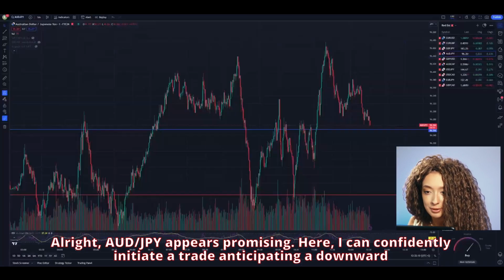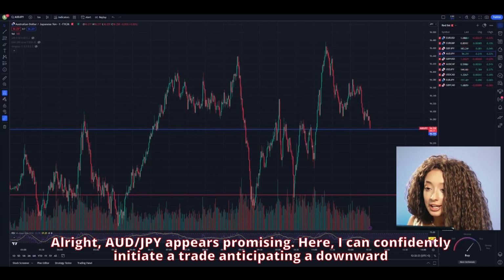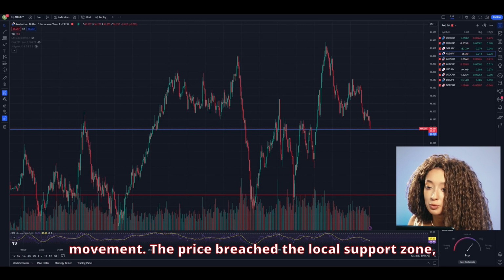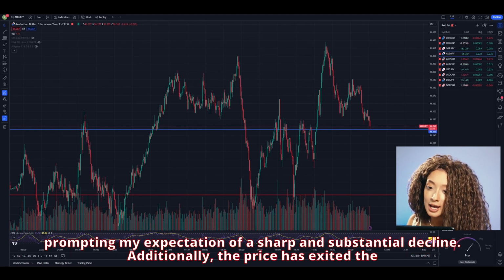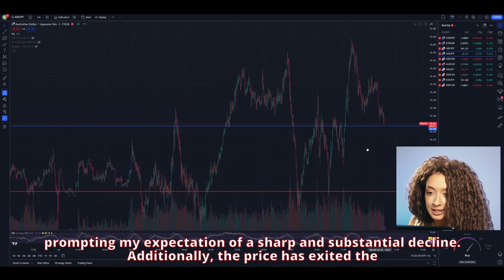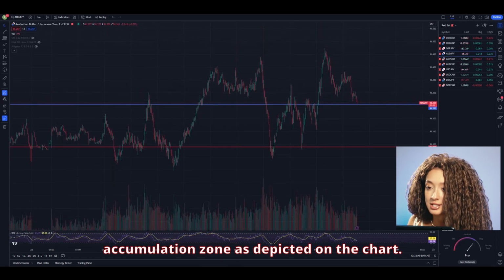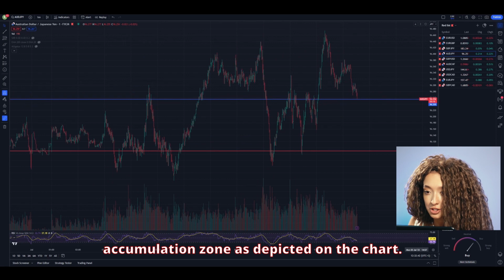Alright, the Japanese yen looks promising first. Here I can confidently initiate a trade anticipating a downward movement. The price breached the local support zone, prompting my expectation of a sharp and substantial decline. Additionally, the price has exceeded the accumulation zone as I marked on the chart.